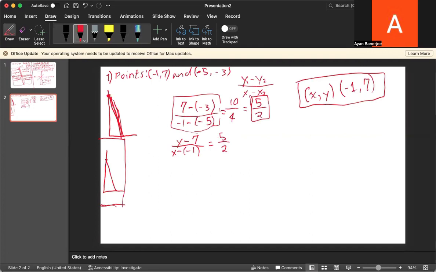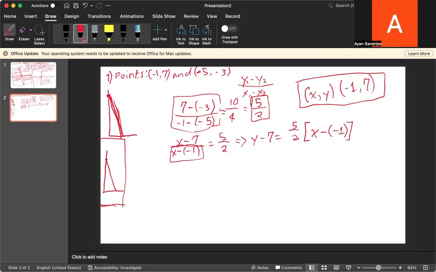So now if we multiply both sides of the equation by x minus -1, we would get y minus 7 is equal to 5/2 times x minus -1.